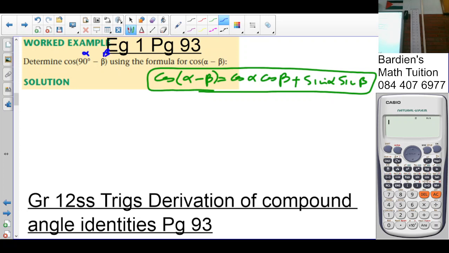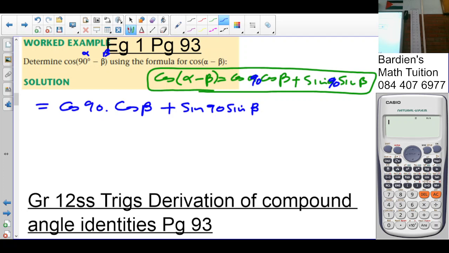So if I do the cos expansion, it's going to be cos of 90 times cos of beta plus sine of 90 sine of beta.